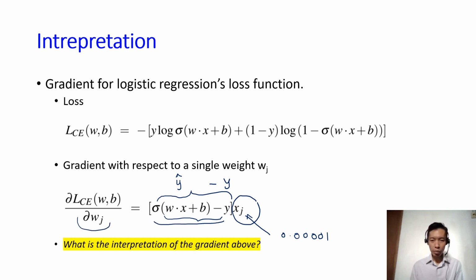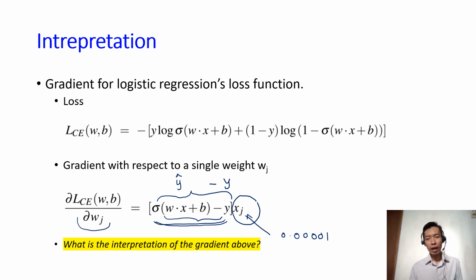For me, I think this part is the most interesting, which means that if our prediction is very wrong, then the gradient will become large, which means that our W will be pushed or shifted with a large value because our current prediction is very wrong.